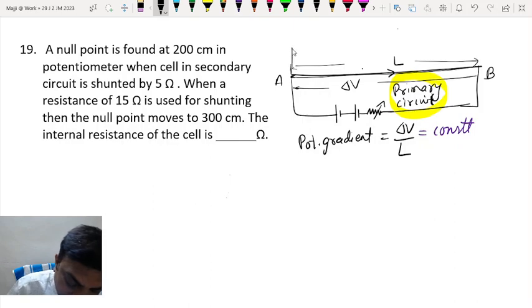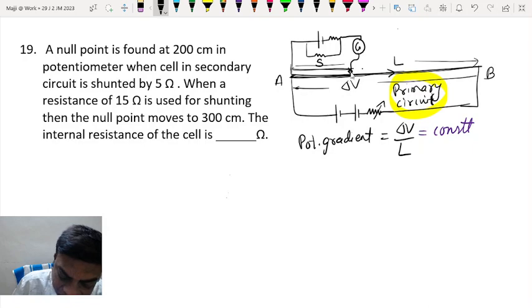Now whatever thing is being balanced here, there should be some source of potential, and when it is balanced, the potential difference due to that across this balancing length should be same as the drop in potential across this potentiometer wire.